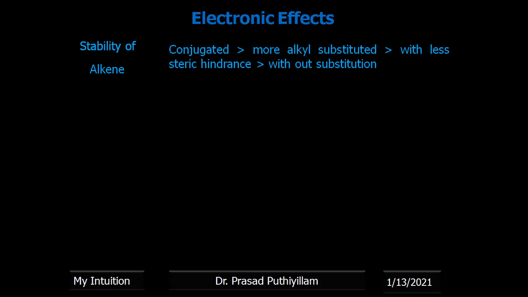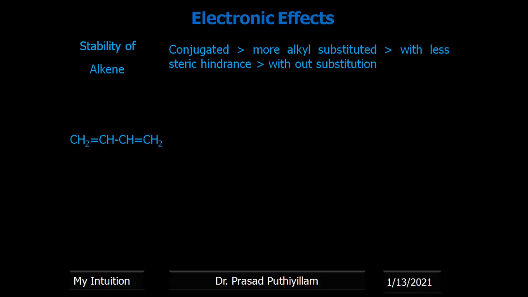And if steric hindrance is there, then the steric hindrance also will affect the stability. In cases without any substitution, there is nothing to support the formation of the double bond, so those cases are discussed less. Therefore, whether or not steric hindrance is there, electronic effects should be given more preference than steric hindrance to explain the stability.